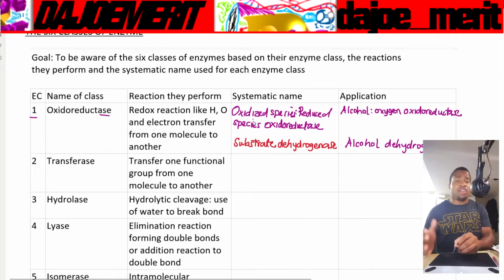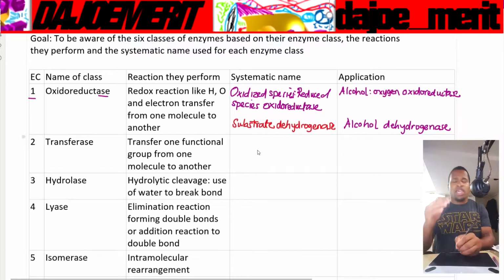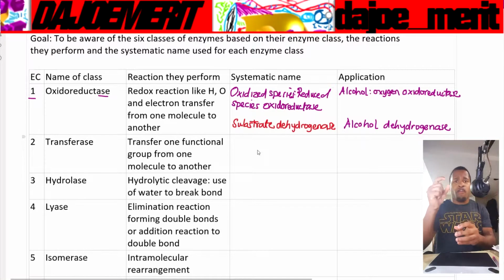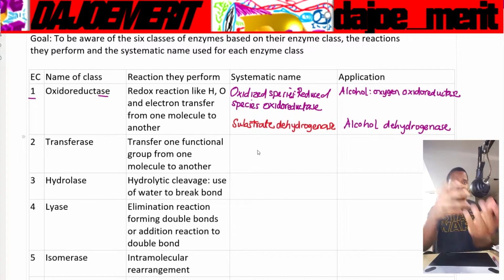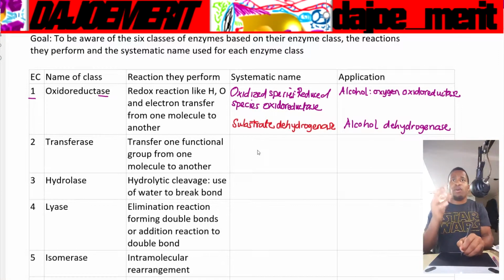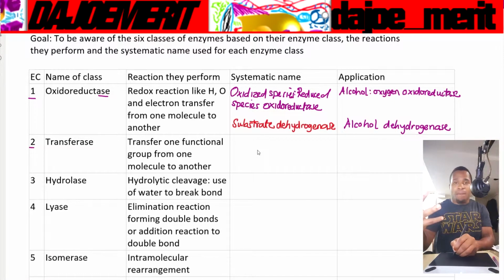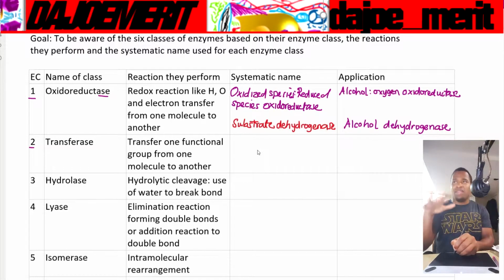We're going to move to the second one, which in this case is transferase. And transferase involves the transfer of one functional group from one molecule to another. So once you're able to remember that for EC2, we can then apply what we know from the oxidoreductase into the transferase naming system.